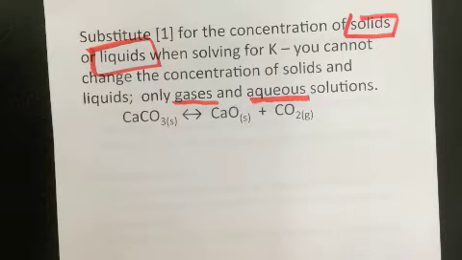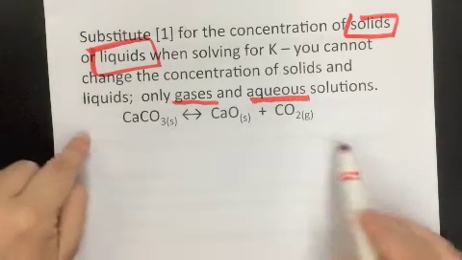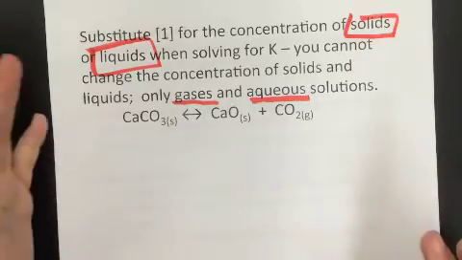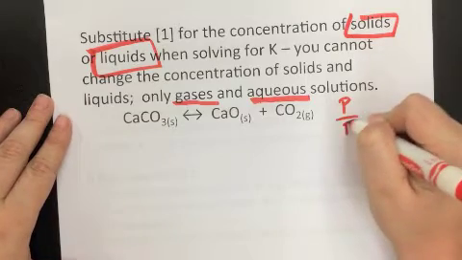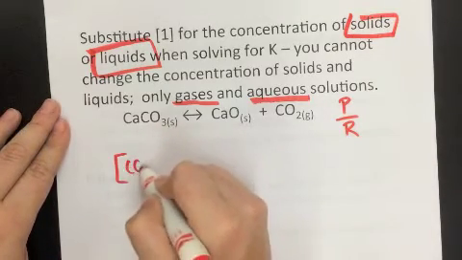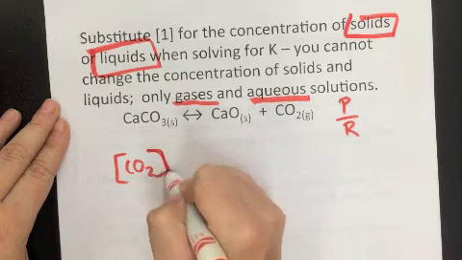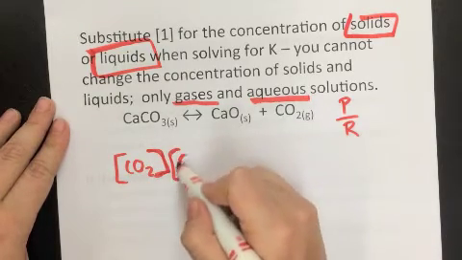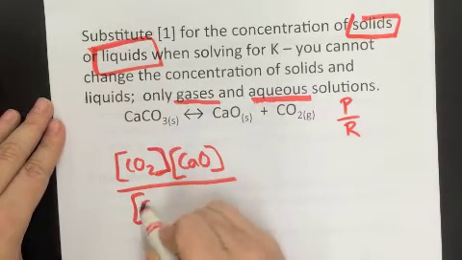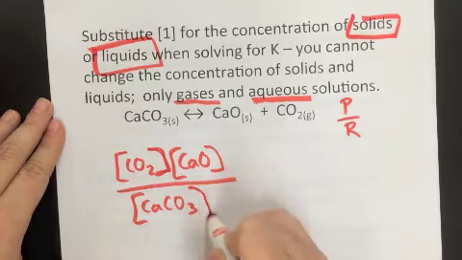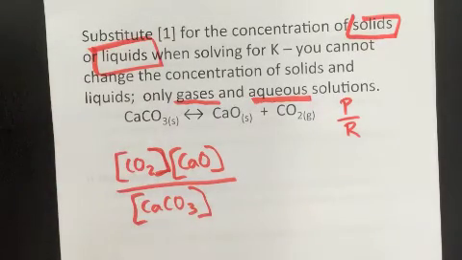So for example, we're just going to do the K just like we've been doing this whole time so far. So remember, it's going to be products over reactants. So we're going to do CO2 times CaO, divided by CaCO3. And they all have 1s in front, so that doesn't matter. Now, if they were all gases and aqueous, that would be our answer.